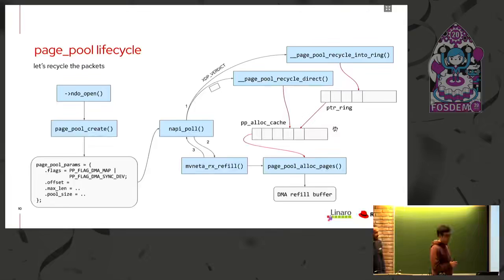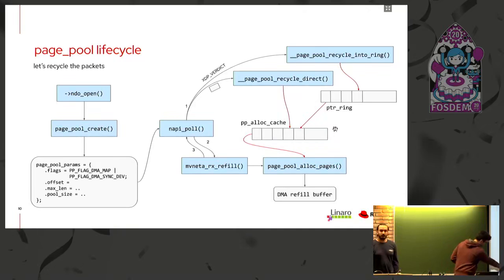This diagram outlines the life cycle of a buffer using a page pool allocator, and we can see that the page pool allocator is usually created when opening an interface, since it is associated to a given RX queue in order to avoid locking penalties. From here, we can see that it's possible to rely on the page pool API for DMA mapping and DMA syncing.